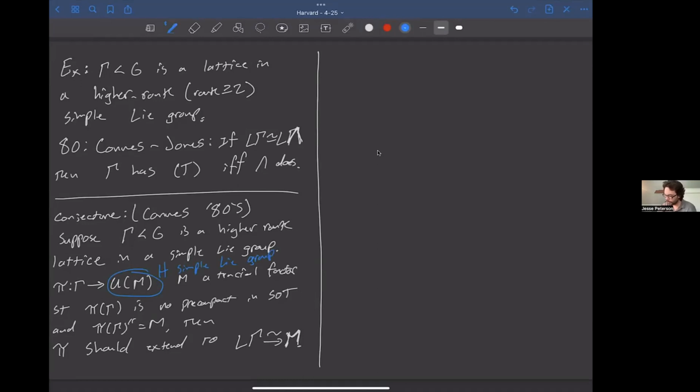And now, instead of this condition here, that it generates the von Neumann algebra, you replace it with the image is Zariski dense, and now if instead of extends to an isomorphism of the group von Neumann algebra, you say it extends to an isomorphism or a homomorphism of the groups. So then this is exactly Margulis's superrigidity theorem. So this here is Margulis superrigidity.